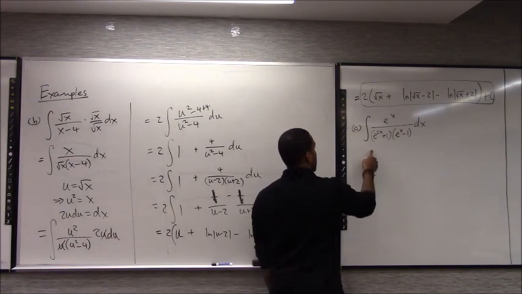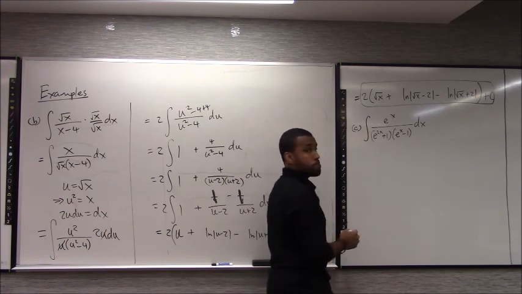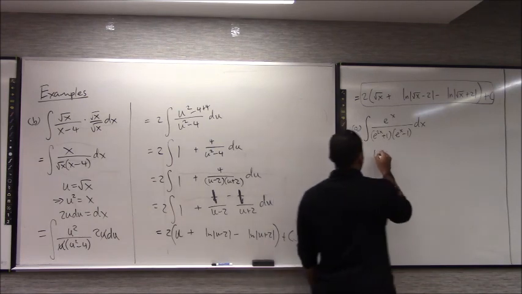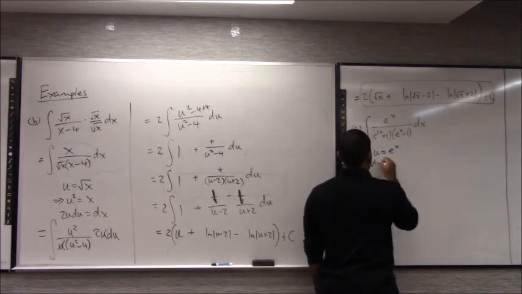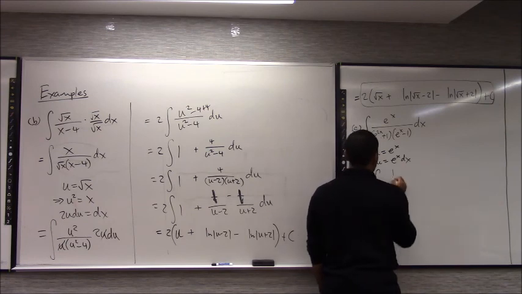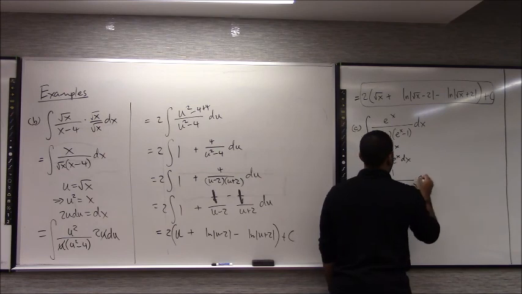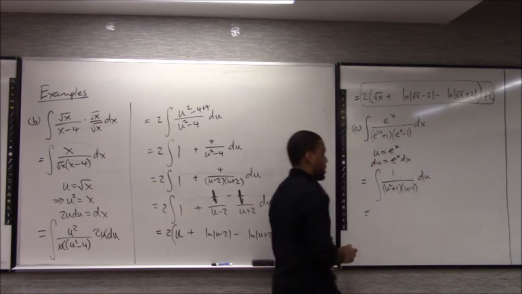What is this one? How do you do this? U equals e to the x. du is going to be e to the x dx, and so this is going to give us 1 over u squared plus 1 times u minus 1 du. How do you deal with that?